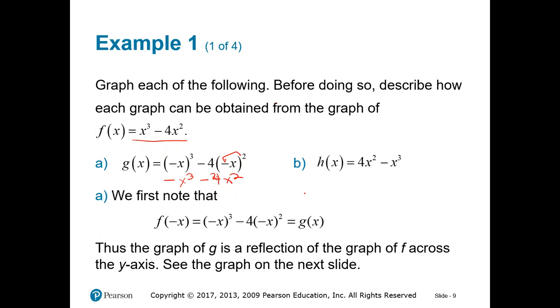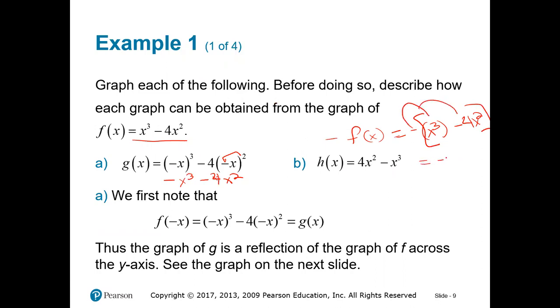Now they said, let's do the same thing with this one, which means let's make the whole entire function negative. They just rewrote it and skipped a step. So now I have negative x cubed minus 4x squared. I put it in brackets and distribute the negative sign.